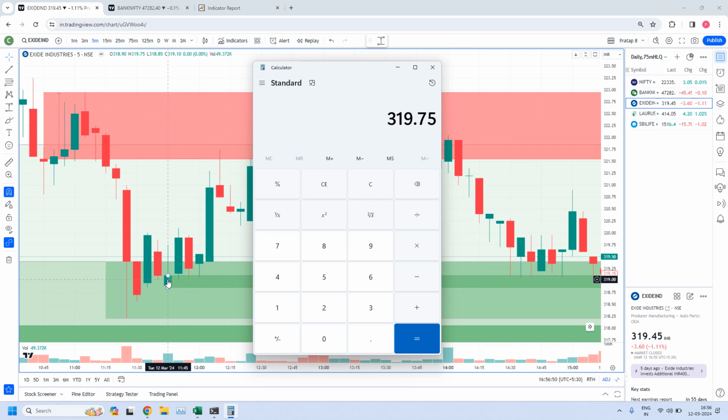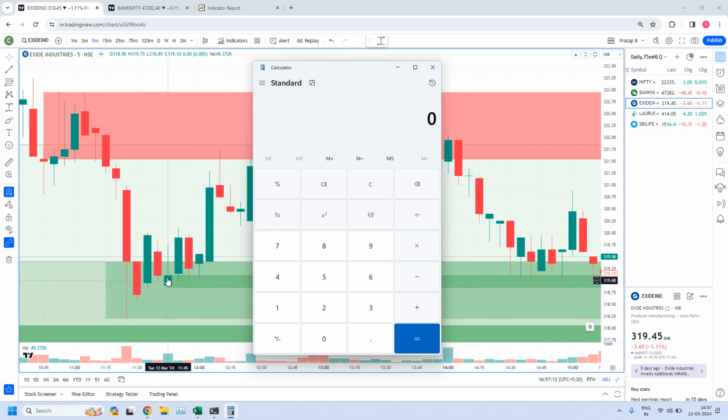The low of this zone is, oh, mistake again. The low of this zone is 318.85. It is not 319. How did we take 319? This is the high of this zone. Sorry for my mistake.